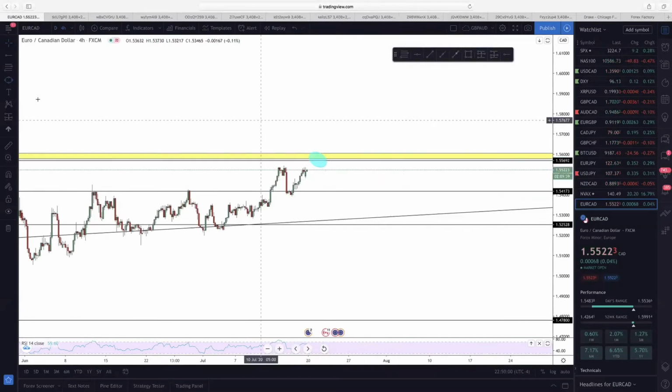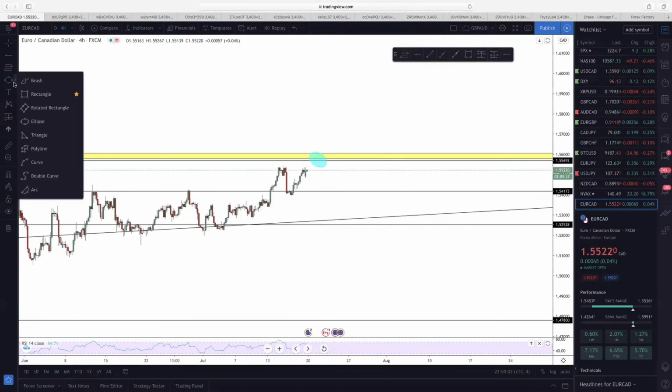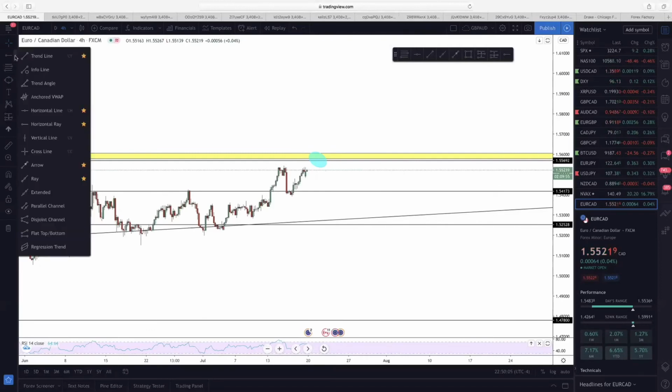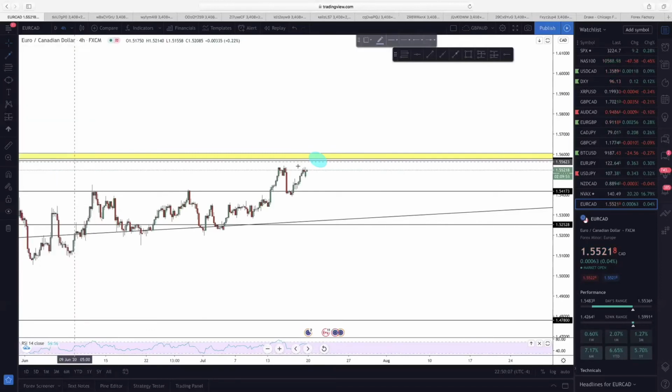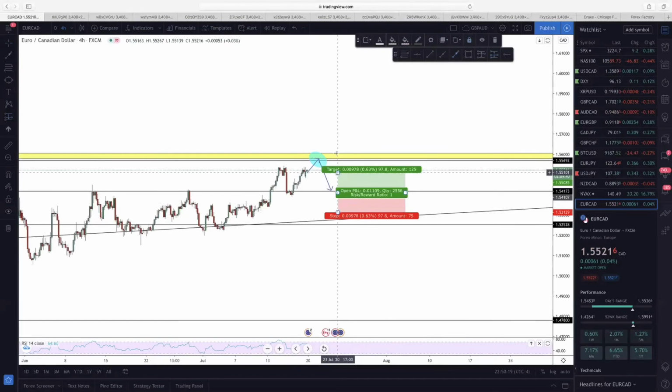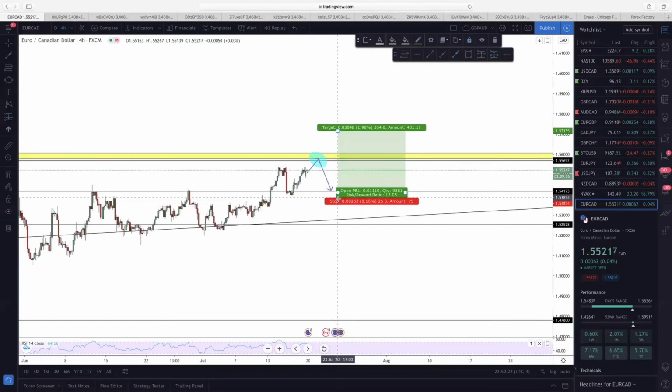One or two things is going to happen, and I'm going to do an arrow. So we'll probably have something like this, right? Then we might get another pullback down to this level right here, because these were daily levels. And if that happens, then we'll probably be looking for some long opportunities like that.